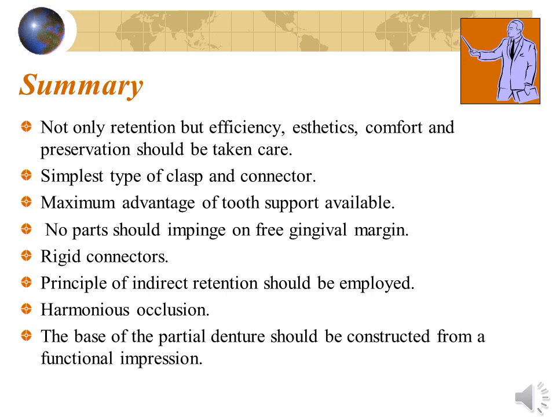No parts of the RPD framework should impinge on the free gingival margin. All connectors must be rigid. Principles of indirect retention should be employed whenever possible. Harmonious occlusion should be developed and the base of the removable partial denture should be constructed from a functional impression.